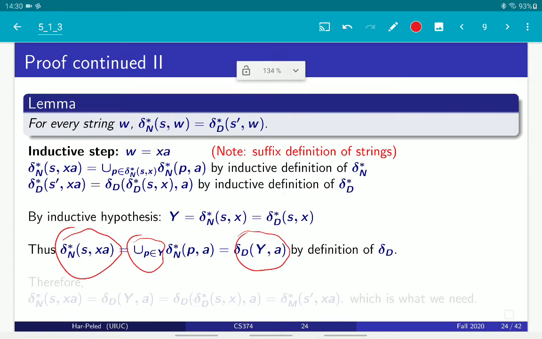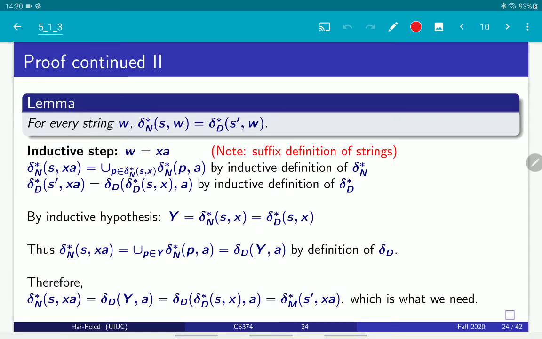And as such, we can now put things together, right? Therefore, the transition function of N on SxA is equal to delta D of Y, which is equal to the transition of D on this, which is equal to this. Sorry, another typo. This should be D. And this is what we needed to prove, so QED.